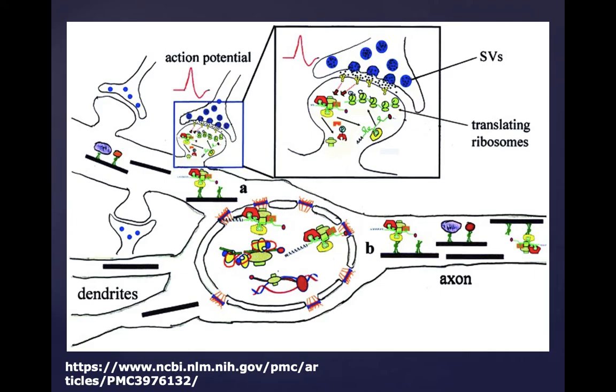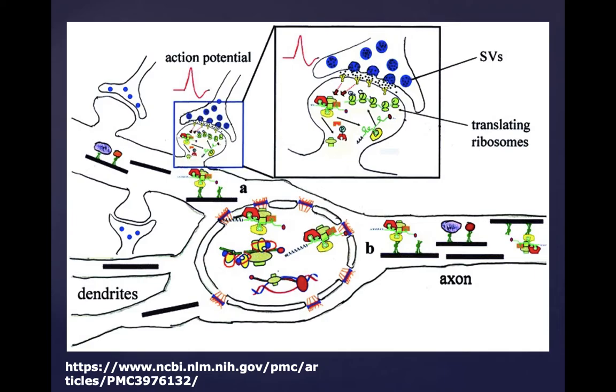Neurotransmitters can serve as a signal that will bind to receptors on the membrane of the dendrite portion, and once they're bound, they can serve as a signal to activate the RNA, triggering it: okay, it's now time for the RNA to be translated.